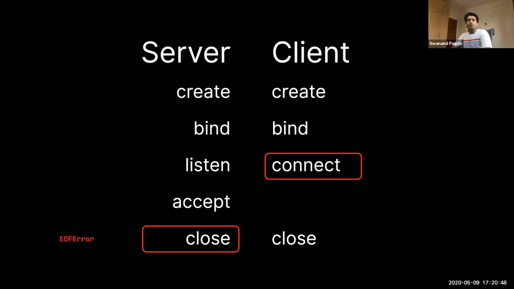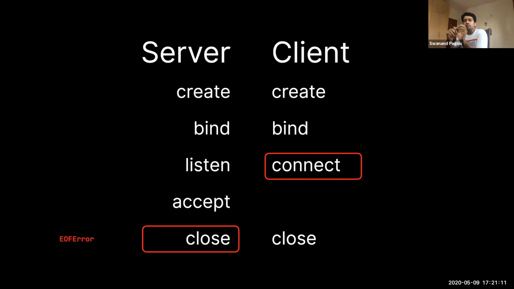Similarly, if you try to write to a socket on a server that has closed the connection, you're going to run into EOF errors. EOF typically means end of file. If you know the Unix design philosophy, everything is a file. Sockets are no different. Sockets are files too. They are bound to a file descriptor.